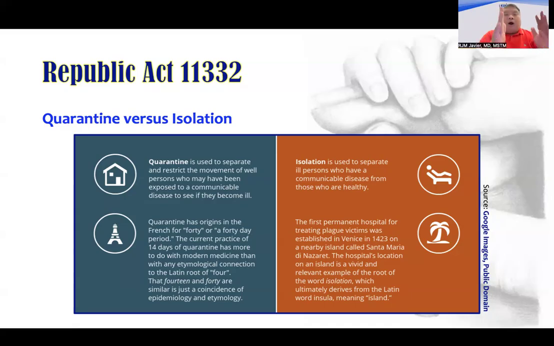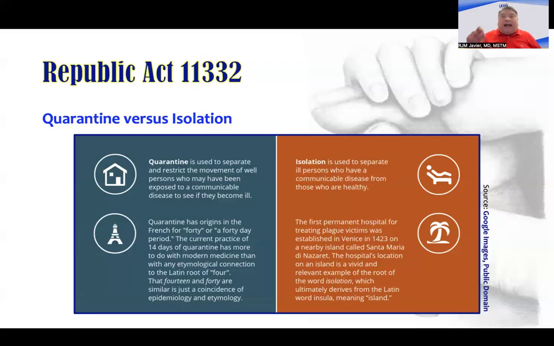That's why you're being quarantined, for purposes of minimizing the chance of you further infecting other people. And knowledge of how long the quarantine should be is dependent on the natural history of the infection. That's why you need to know the incubation period, how long before the frank illness or the overt clinical manifestations become evident.